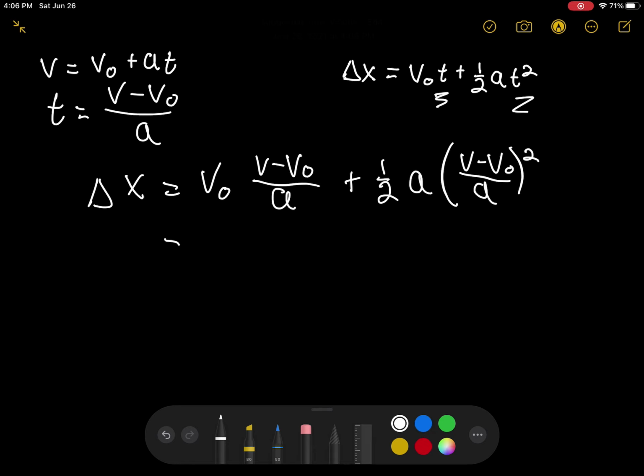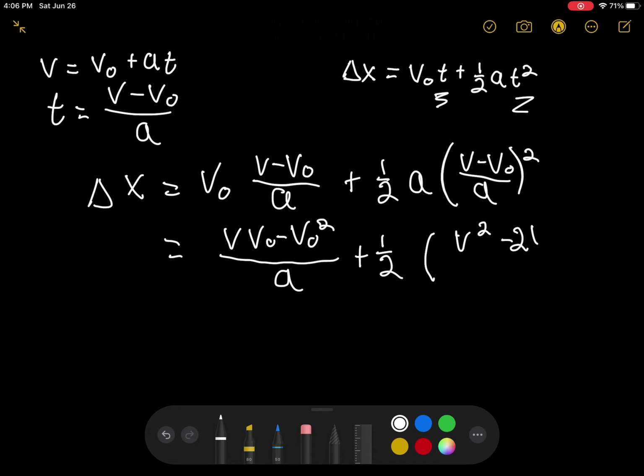And now we have to do a little bit of algebra for this one. Multiply the v naught, v naught times v minus v naught, all of that over a, plus 1/2. I'm going to preemptively multiply the a inside. That's going to be v squared minus 2v v naught plus v naught squared. All of that stuff is over a.